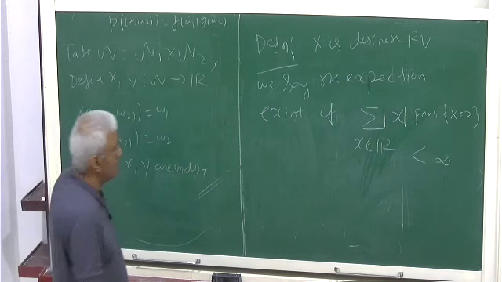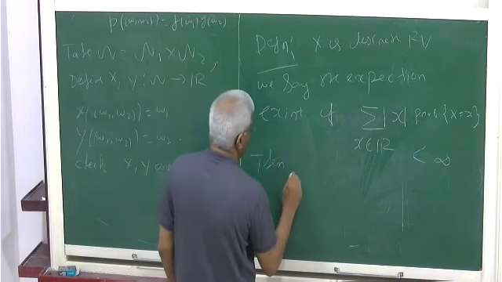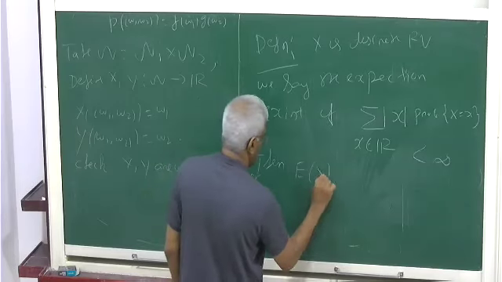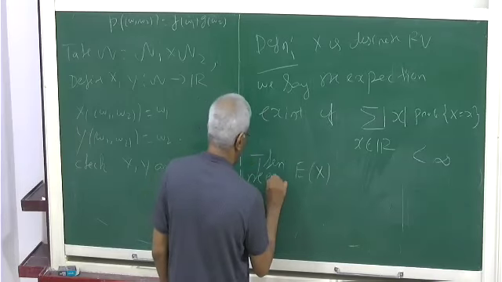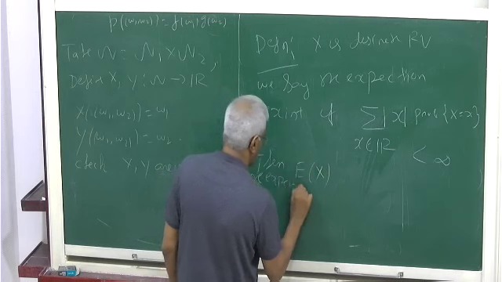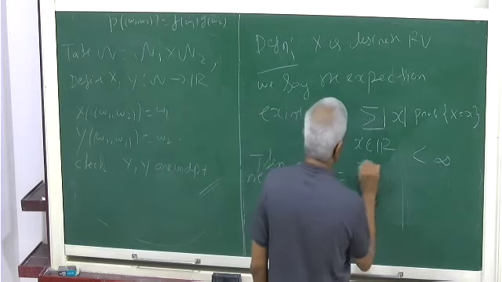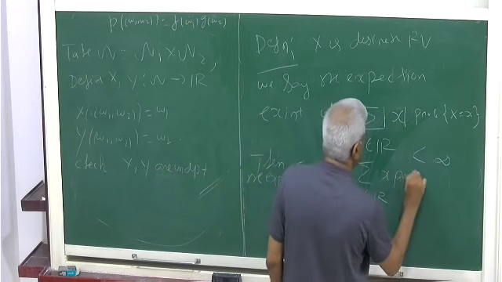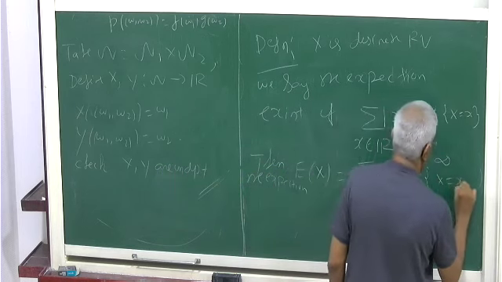Then the expectation E of X is equal to the summation over x in R of x times probability of X equal to x.